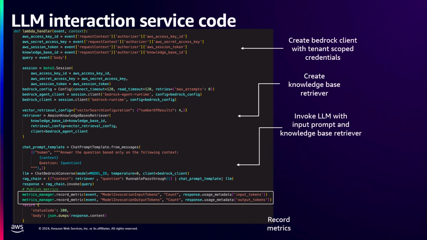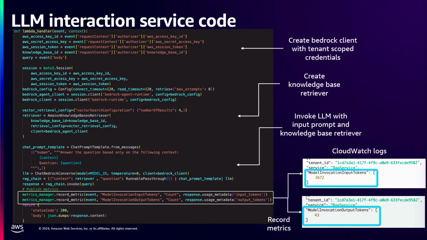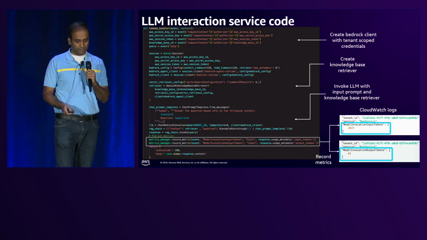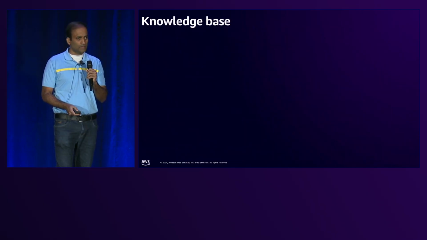From there, it will get the input tenant context, that is the tenant ID, and I'm also passing the number of input tokens and output tokens generated, which come out of the call you made in the previous step. It would then record this in the CloudWatch log as shown here, where it captures the tenant ID along with the number of input tokens and output tokens generated for that particular interaction. And moving on to the knowledge base.